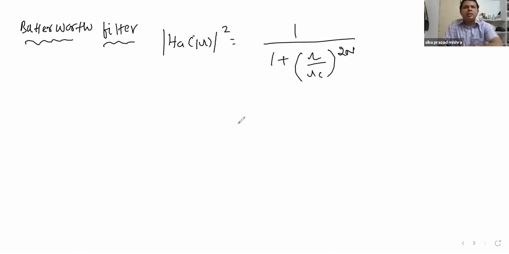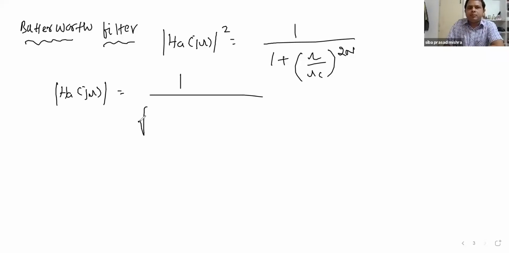Again, I am repeating, this is the transfer function of the Butterworth filter. Or we can write magnitude of H of j omega equals 1 by square root of 1 plus omega by omega c to the power 2n.